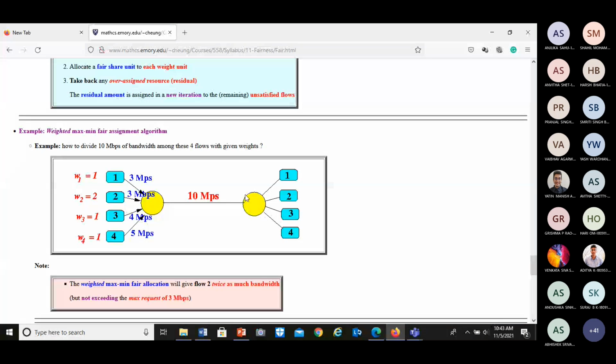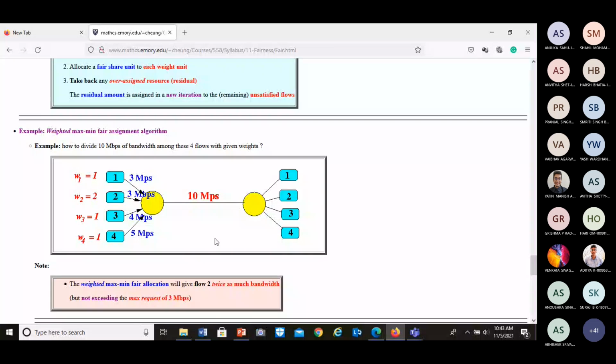Now the same example: the resource you can think of as 10. The requests are: user one requested 3, user two is also 3, and users three and four 4 and 5. Then the weight is mentioned here. The weight for user one is 1, user two is 2, and user 3 and user 4 are 1 and 1.